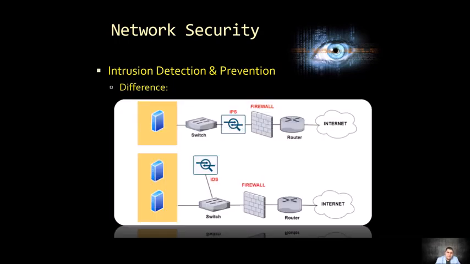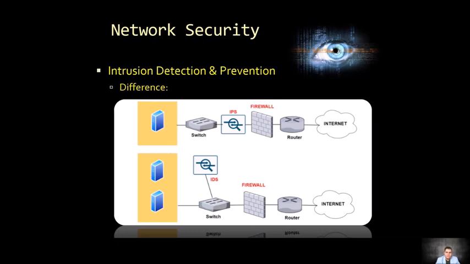And a fast difference between intrusion detection system and intrusion prevention system is that the IDS will be parallel to the traffic, just listens to what happens and just tells you, oh, you know, there was an attack. Yeah, good luck with that, something like that. But IPS will be resident on the traffic itself. Every traffic that wants to go in and out has to pass through it. And this is how it can prevent an attack.